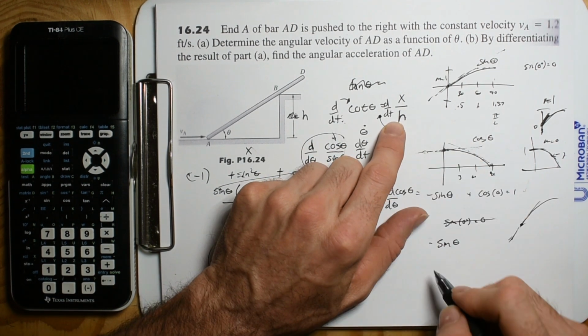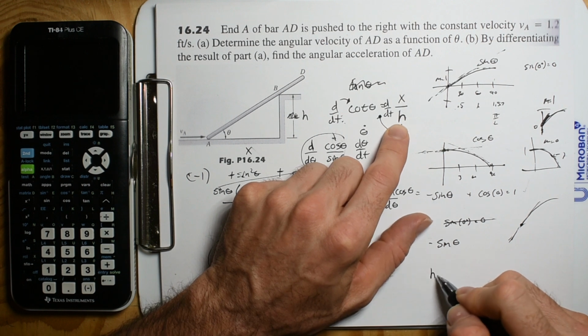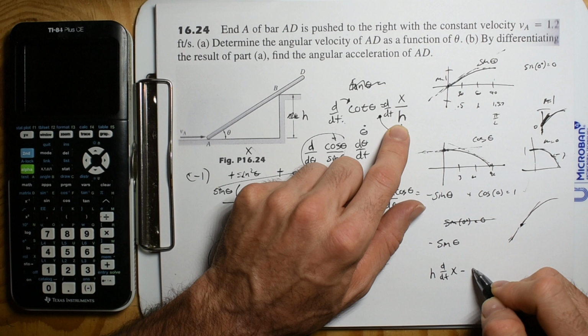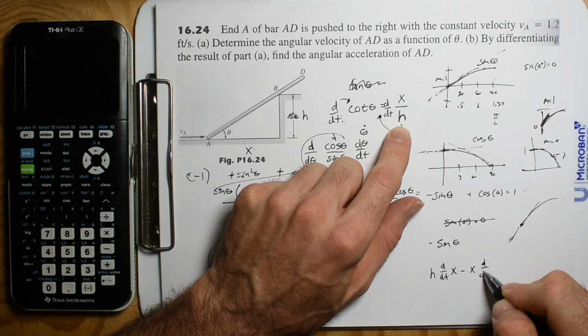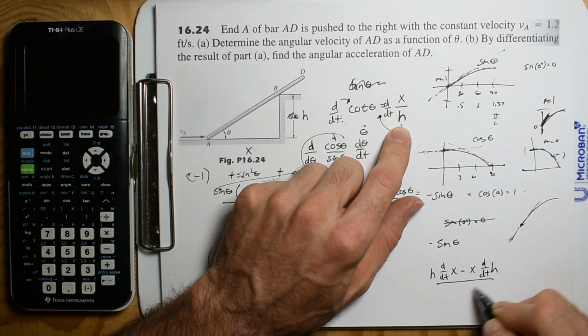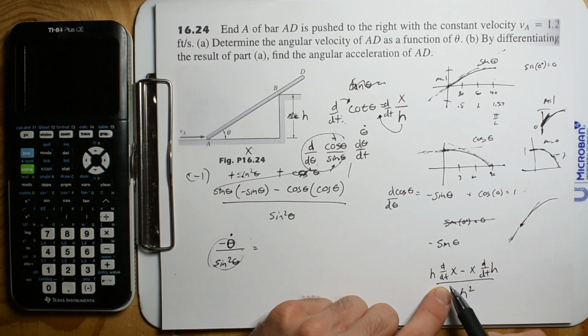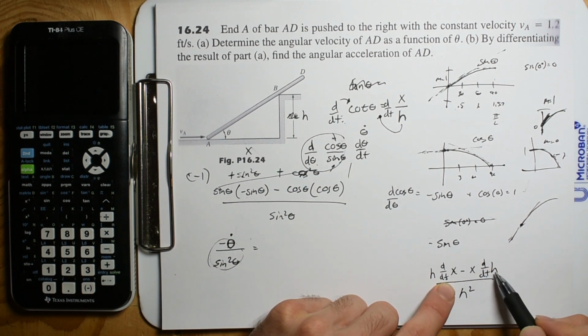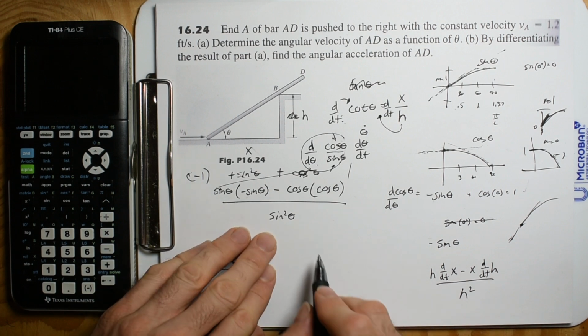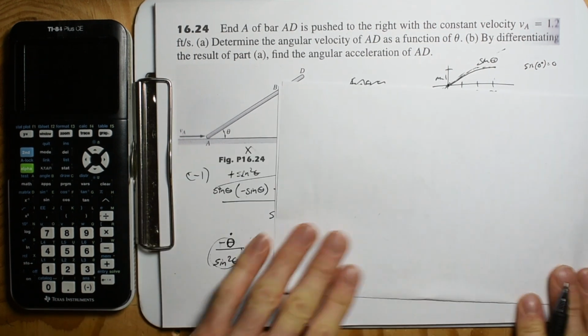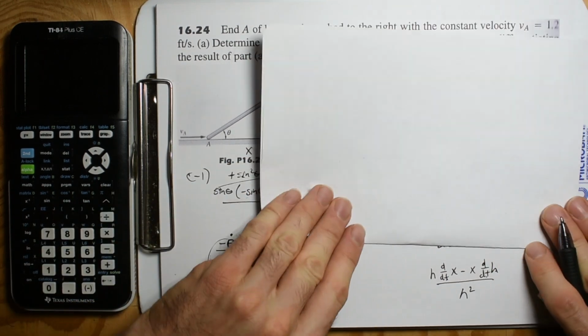If we use quotient rule here, we're going to have bottom d top minus top d bottom, all divided by the bottom squared. And you see, hey, we got to use that chain rule. This is t, this is x, this is t, this is h. Let's work this out.